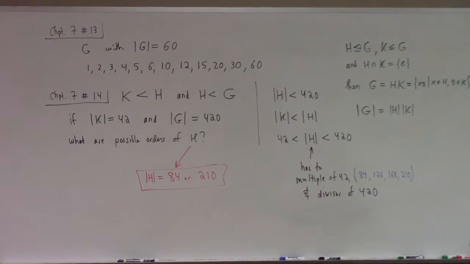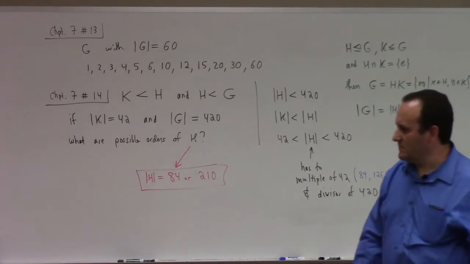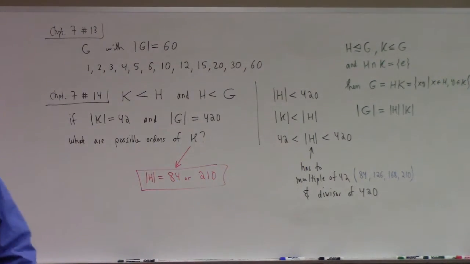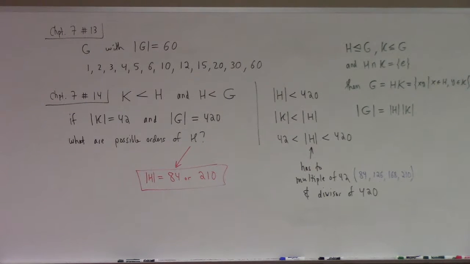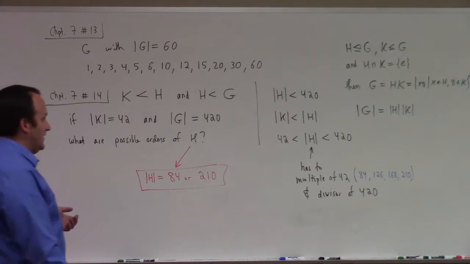But that's not quite the thing you need for that other problem in the homework. So I'm not being helpful. Let me just shut up about this. It's because the H and the K in the homework don't have to necessarily have an intersection of the identity. Yeah, so if H and K have order 12 and 18 respectively, if they intersected at the identity, that would mean that you can form the product subgroup HK.